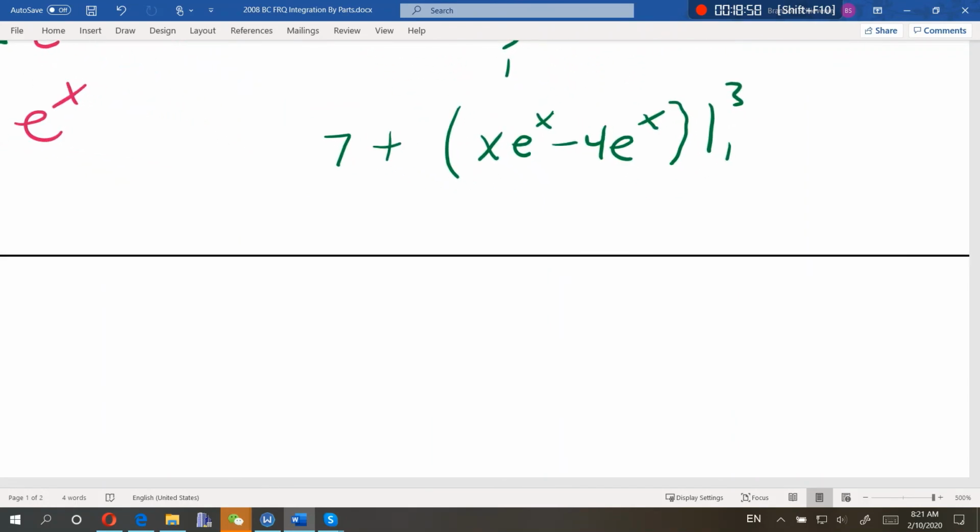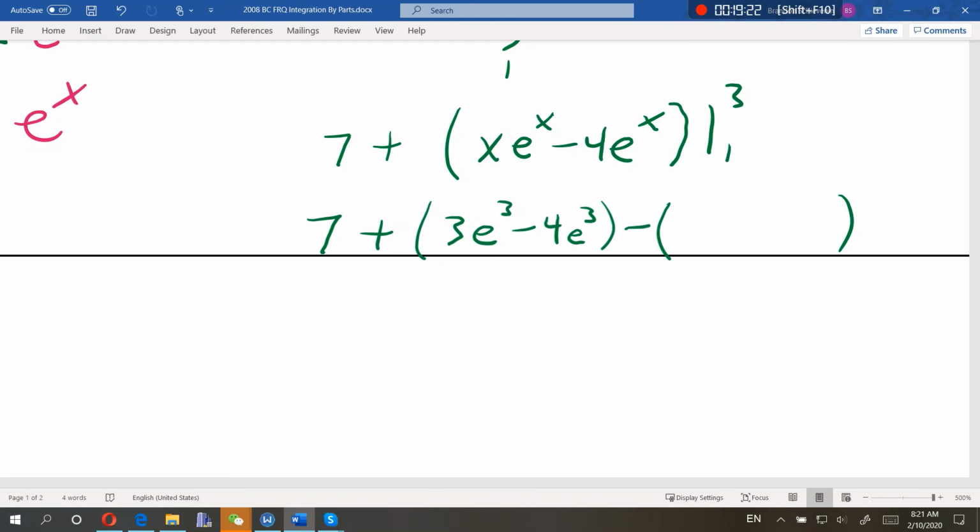So what do I do next? Plug in the numbers: 7 plus 3e to the third power minus 4e to the third power, minus 1e to the first power minus 4e to the first power. And then we simplify it.